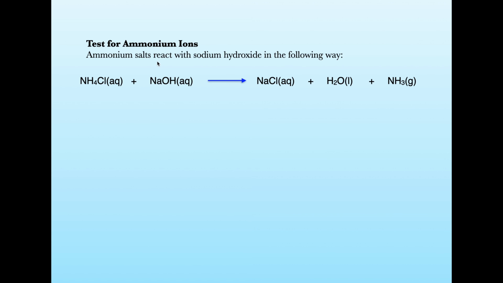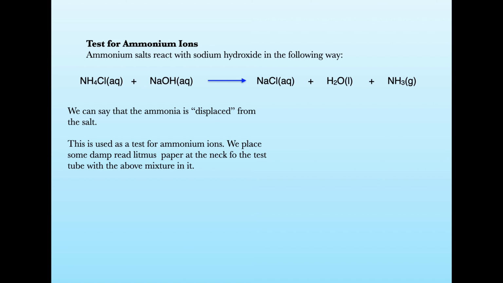We can test for ammonium ions. If you think back to testing for ions, we probably mentioned it back then, but we'll talk about it now. If I've got an ammonium ion and I add some sodium hydroxide and I heat it, if I warm it in a test tube, then ammonia gas is produced. So I'll take a little bit of my solid or solution of suspected ammonium ions, add some sodium hydroxide and warm it. And then I test for any gas produced.